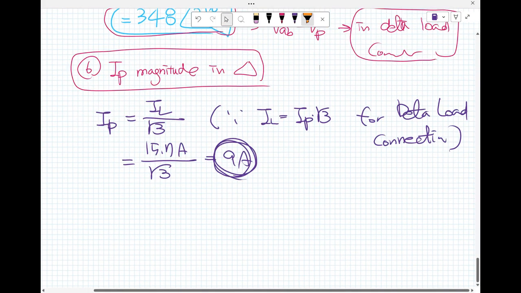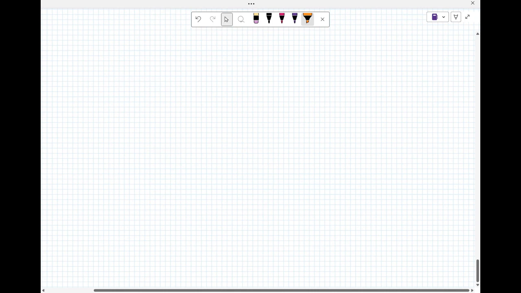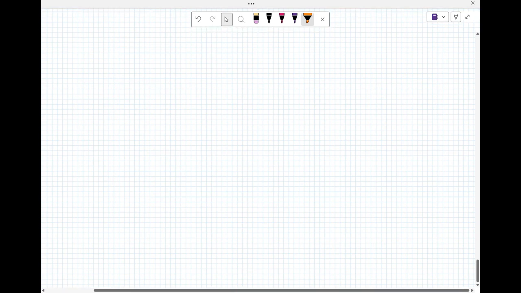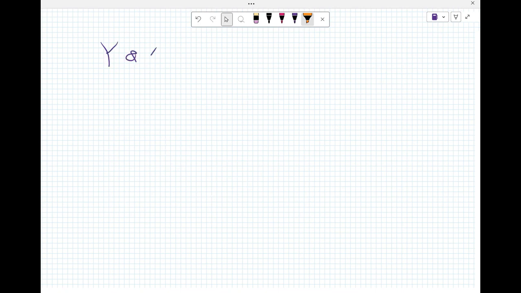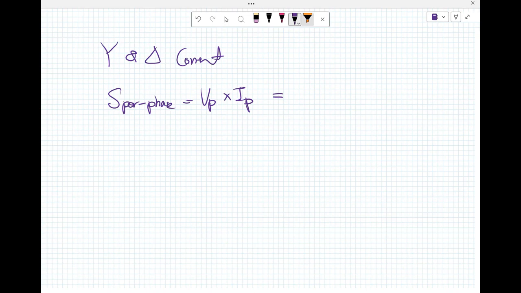All right. The last one is the power issue. Let's say Y connection load and delta connection load, whatever, the power per phase is V sub P times I sub P, and that's right.